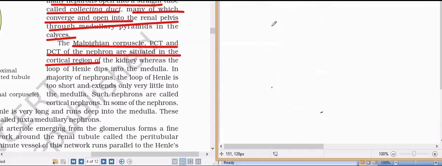It means, suppose this is the medulla. This is the medullary pyramid. What it is saying is that some nephrons will be outside. It's a PCT.